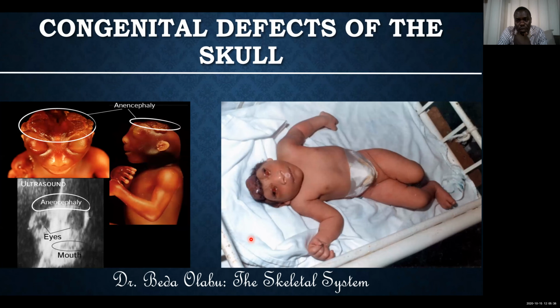Okay, as we finish the skull, let's talk about some congenital anomalies of the skull. We can have a scenario where the brain did not form, so the skull did not form. We call it cranioschisis, perhaps the most severe form of CNS malformations.